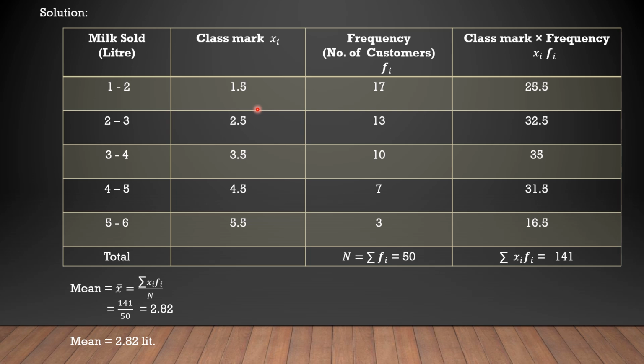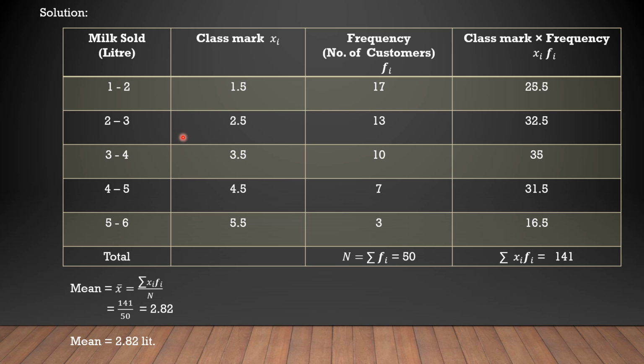Then we calculate the value of Xi. Xi is the average of the first and second values. So the average of 1 and 2: 1 plus 2 is 3, and 3 by 2 is 1.5. Then the average of 2 and 3: 2 plus 3 is 5, and 5 by 2 is 2.5.